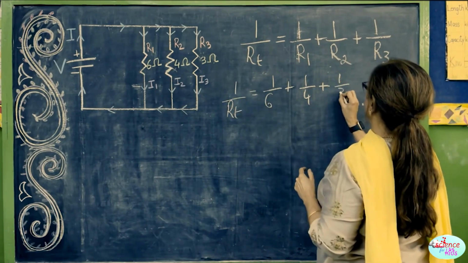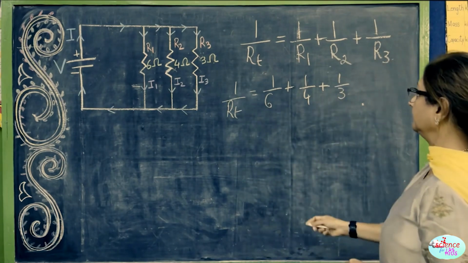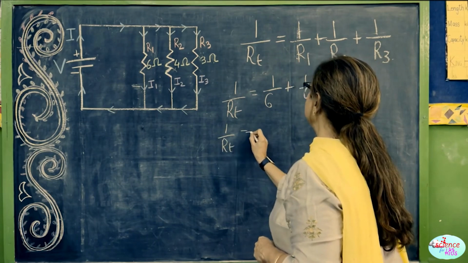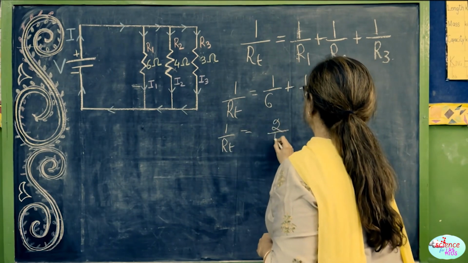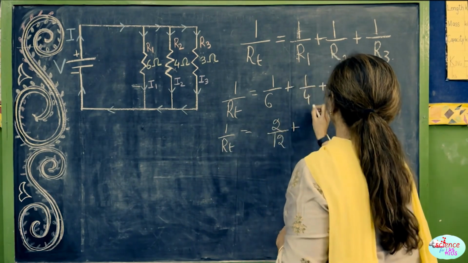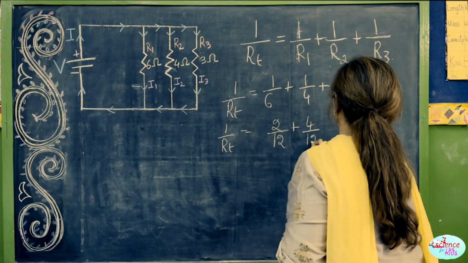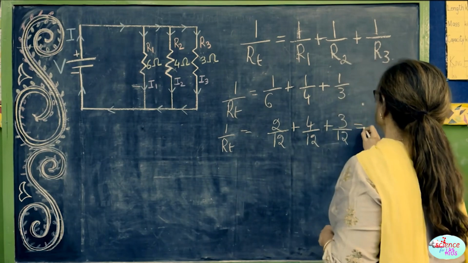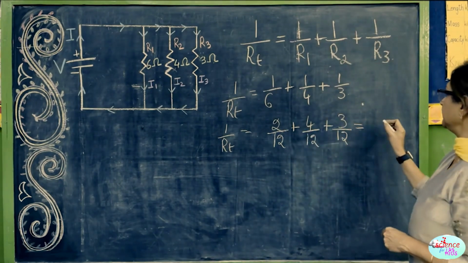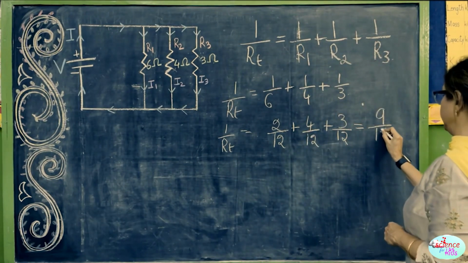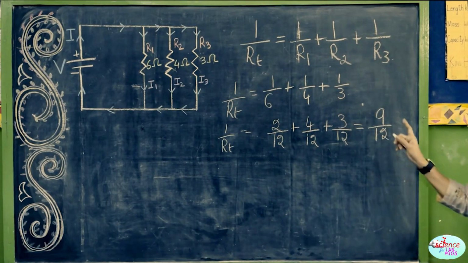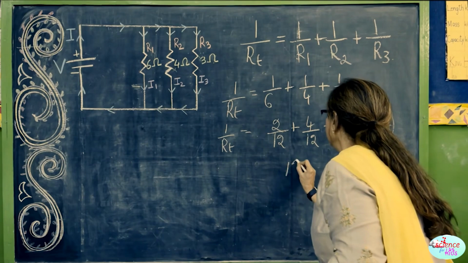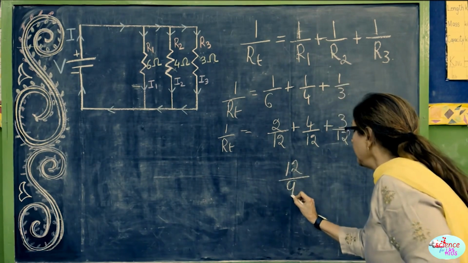So 1 over RT will be equal to 1 over R1 is 6 ohms plus 1 over R2 is 4 ohms plus 1 over R3 is 3 ohms. If we calculate this, we get 1 over RT equals 2 over 12 plus 3 over 12 plus 4 over 12, which is equal to 2 plus 3 plus 4 is 9 over 12. If we take the reciprocal of this number, we get 12 over 9.